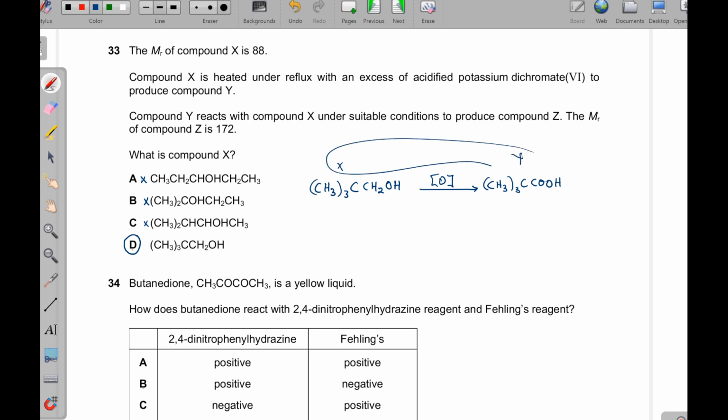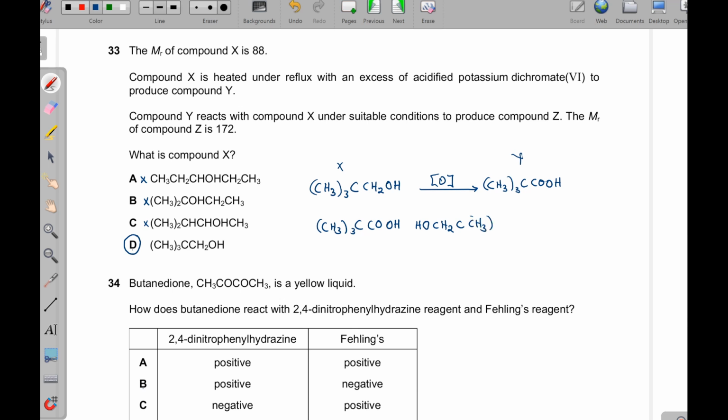Now when Y reacts with X, this is a carboxylic acid, it can react with an alcohol, right? So I will have CH3 three times here, then C, and then COOH. So when I bring this alcohol here, and I have OH here, then CH2, then C and then CH3.